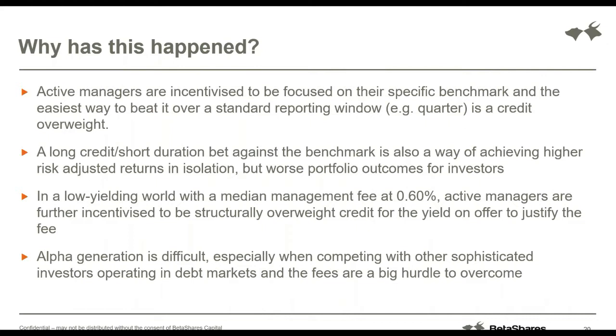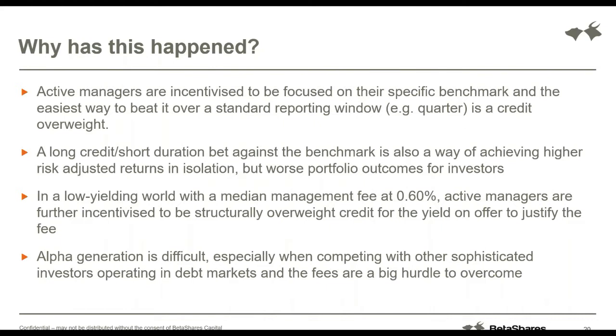But when viewed in isolation, if you're just trying to beat a benchmark either in absolute or risk-adjusted returns, then a long credit, short duration bet tends to be a way of achieving higher risk-adjusted returns in isolation, but worse overall portfolio outcomes, particularly during crisis periods.